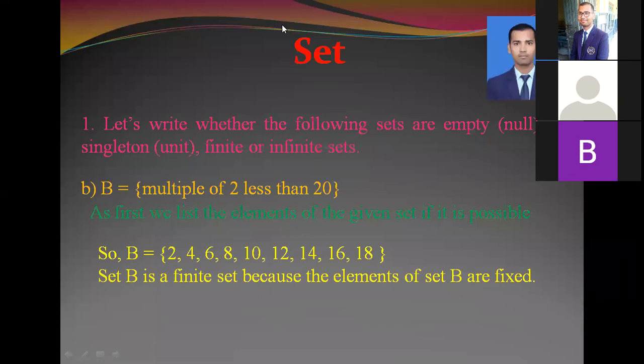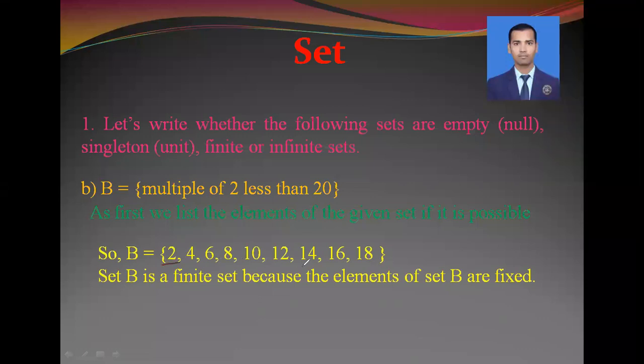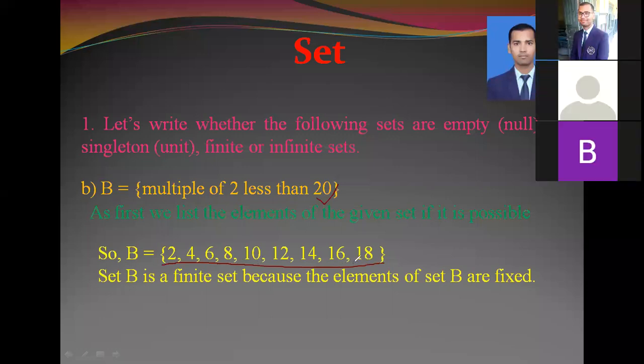These are the multiples of 2 less than 20, not equal to 20. We need less than 20. That's why we should write all the multiples of 2 which are less than 20. So from 2 to 18 are the multiples of 2 which are less than 20. As we have finished up to 18, set B is a finite set because the elements of set B are fixed.